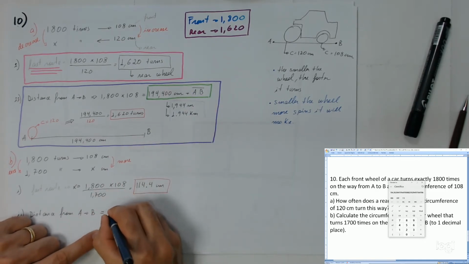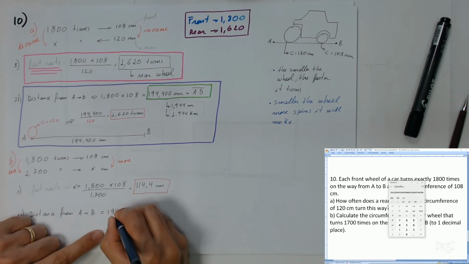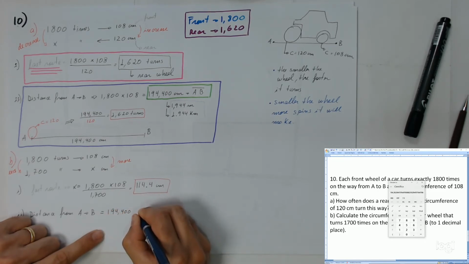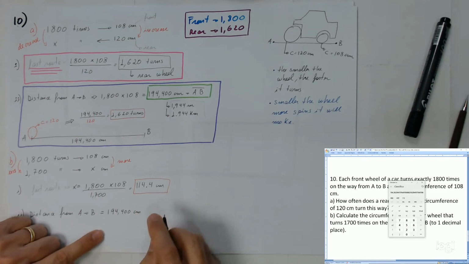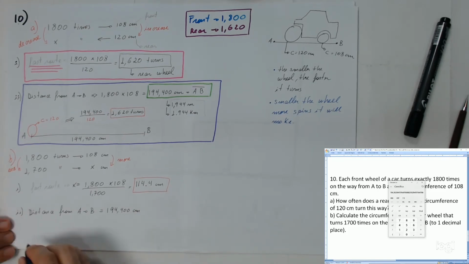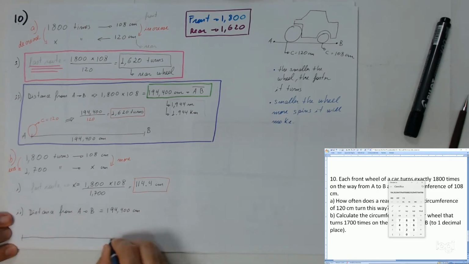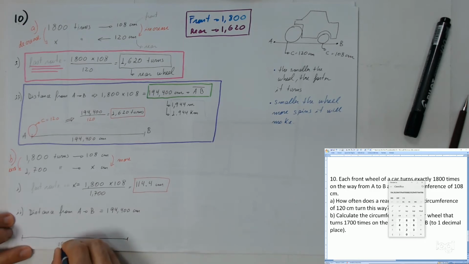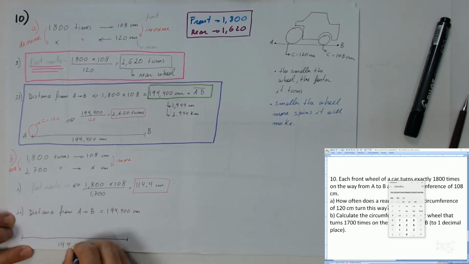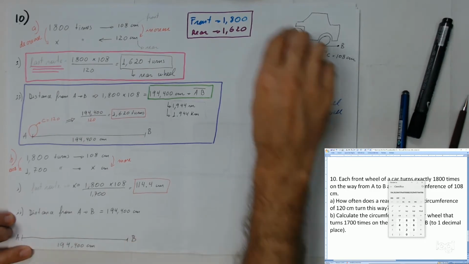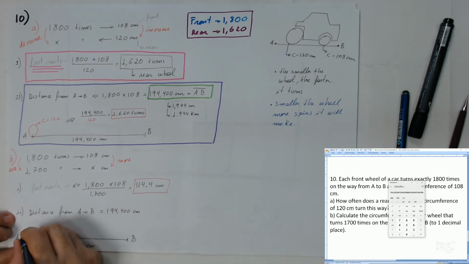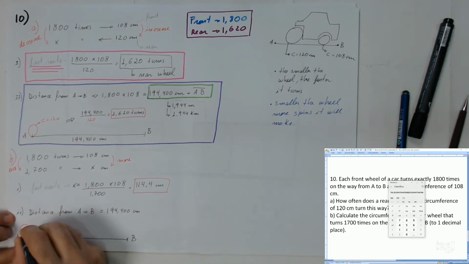It is 194,400 centimeters. This is the distance between A to B. Now look. So this is 194,400 centimeters. This is A to B. What is going on in here? Now we have a different wheel.